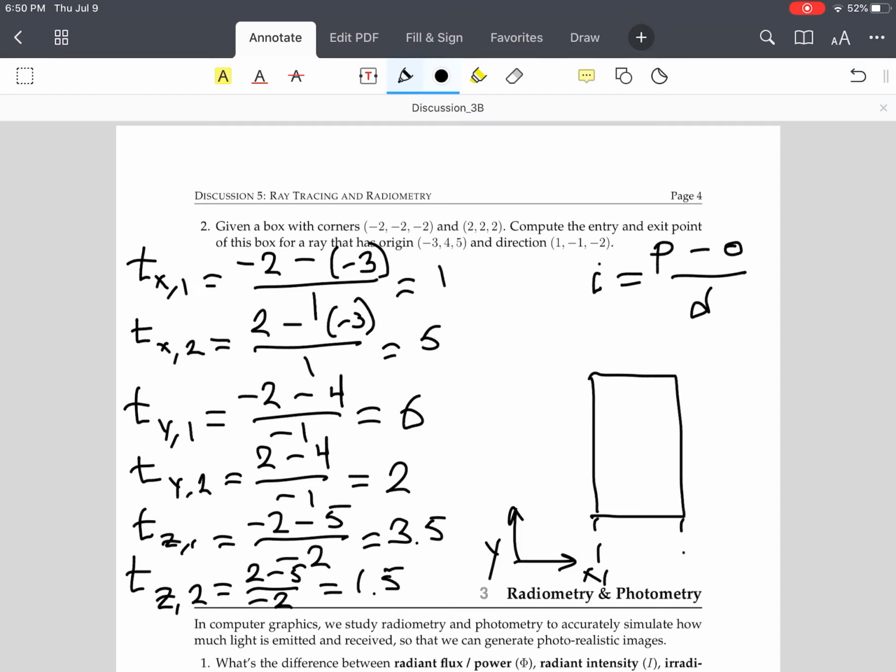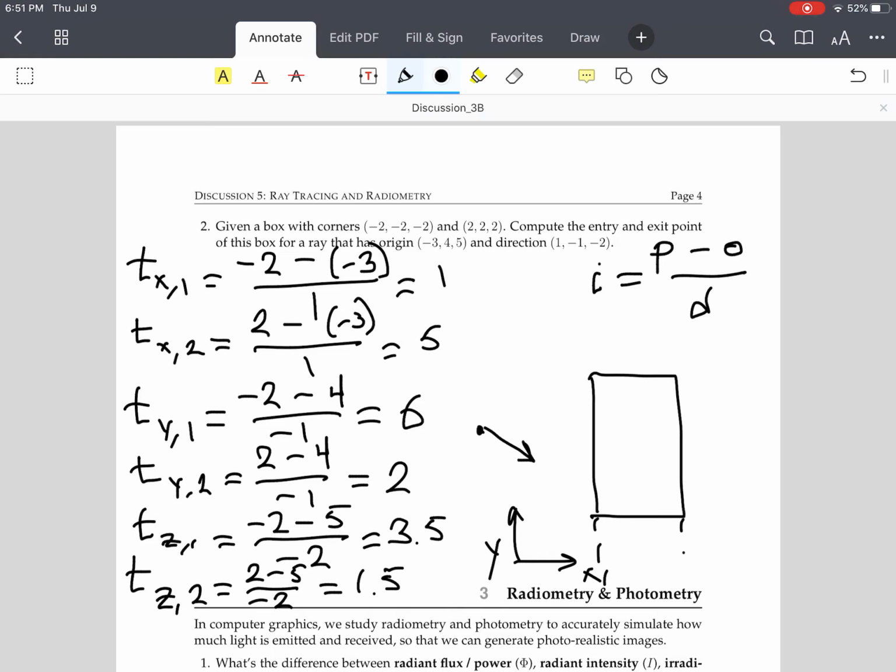So if I get rid of that, so if we have a ray that comes in here and goes that way, when it intersects this side, that's when it starts being within the box. It intersects here. And when it intersects here, that's when it stops being within the box, right? And similarly, when it goes here, it starts within the box, but when it intersects this side, that's when it stops being within the box, right?